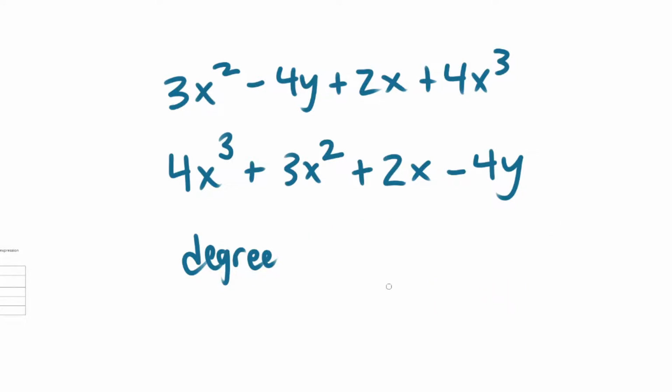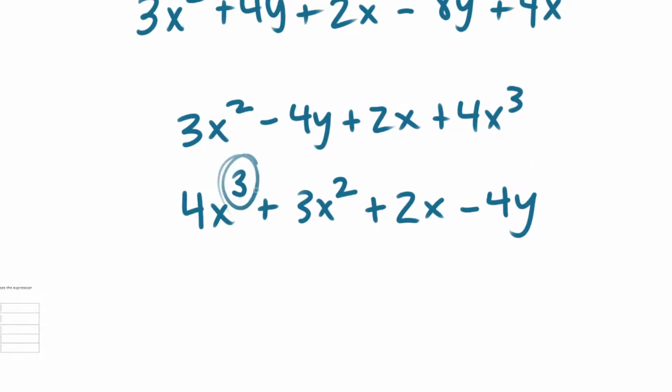And then if you have something like 3x squared y, the degree of this term would be 3 because we're adding these two degrees together. Now, when we're talking about the degree of a polynomial, it's going to be the highest degree term.